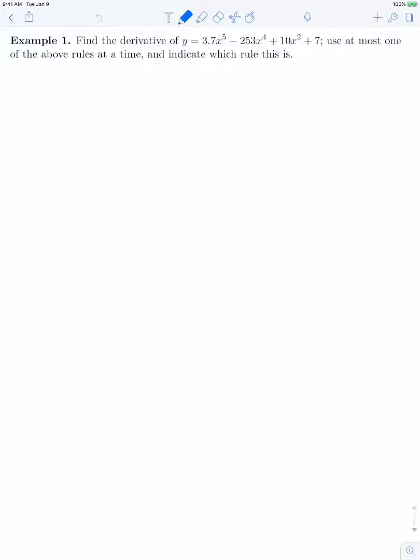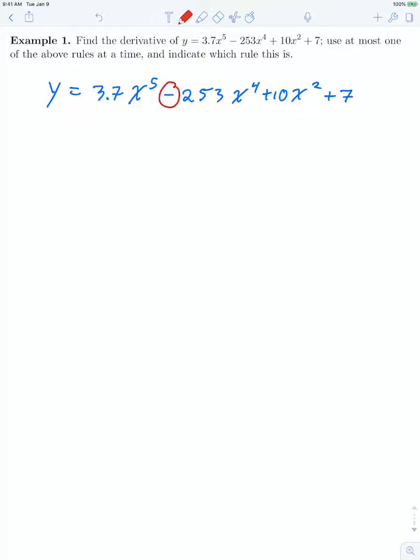Okay, so I'm going to start by writing the function over again. So y equals 3.7 x to the fifth minus 253 x to the fourth plus 10x squared plus 7. And then the first thing I notice is the plus and minus signs.